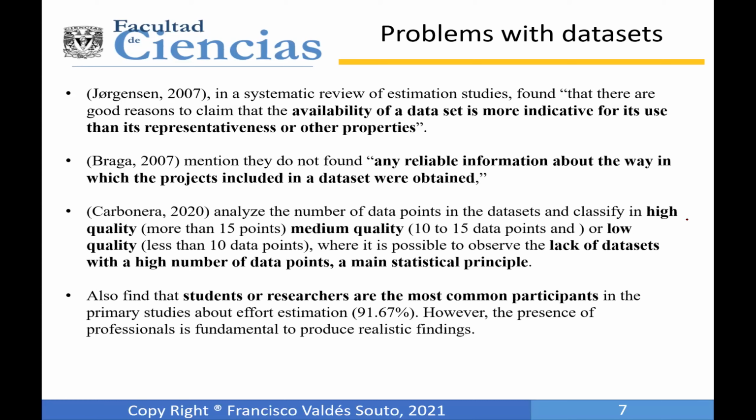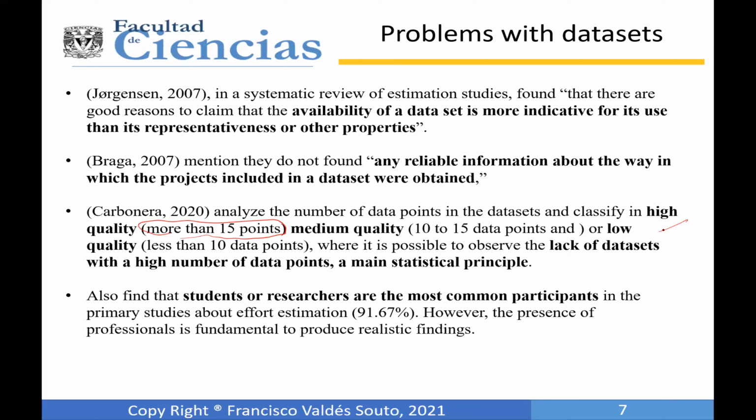This is an important highlight because what we see here is that the databases usually have little data. I mean, even with the high quality that Carbonera identified in 2020, more than 15 points, they do not contain a huge quantity of data, while a large data set is a main statistical principle.